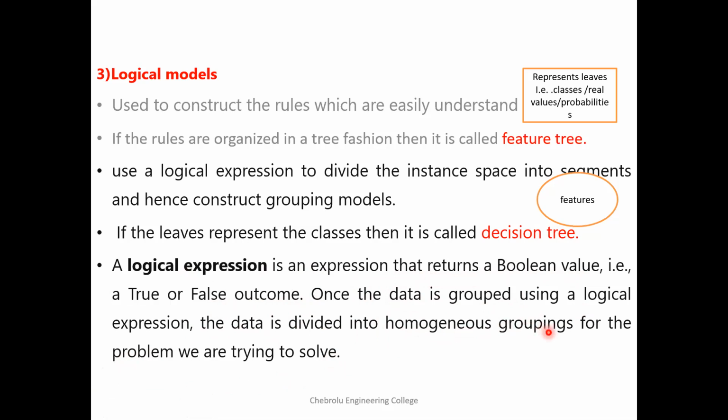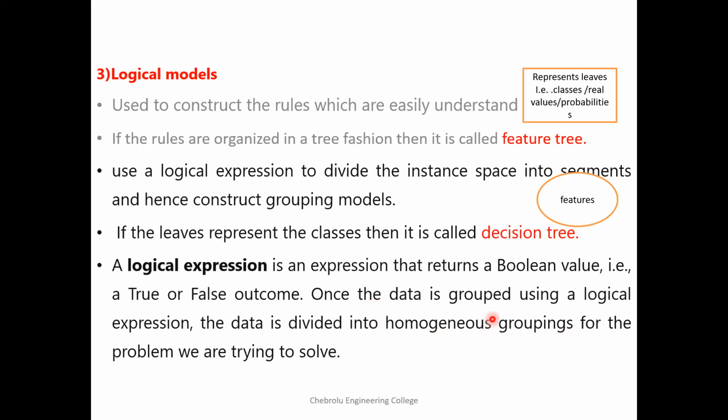Homogeneous groupings means all true instances will come at one side, all false instances will come at the other side. This is called homogeneous grouping.